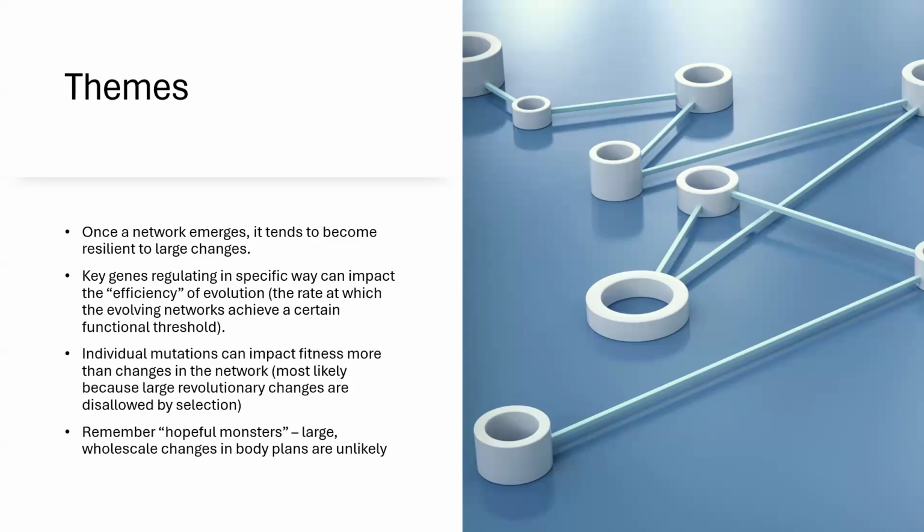Okay, so individual mutations can impact fitness more than changes in the network, most likely because large revolutionary changes are disallowed by selection. Aha! See, they said I was right. Large revolutionary changes are disallowed by selection. What they might be missing here, however, is that the mutations of interest also occurred in the networks that didn't survive.